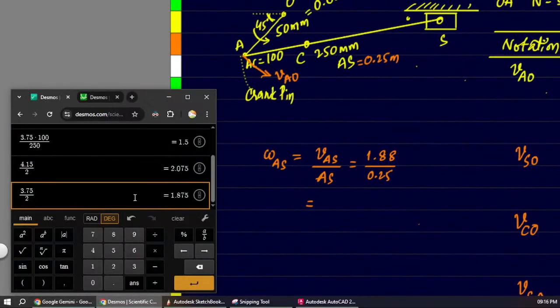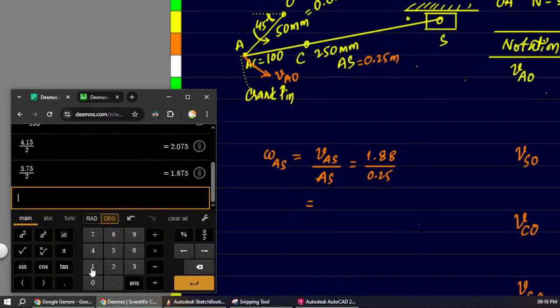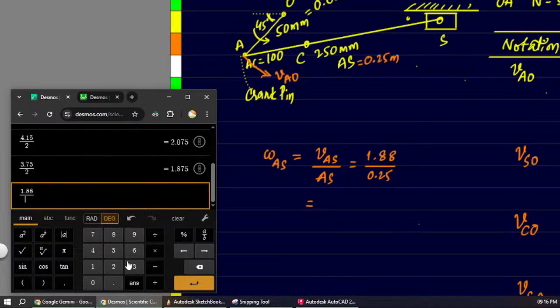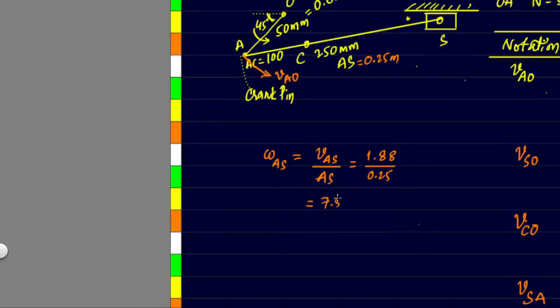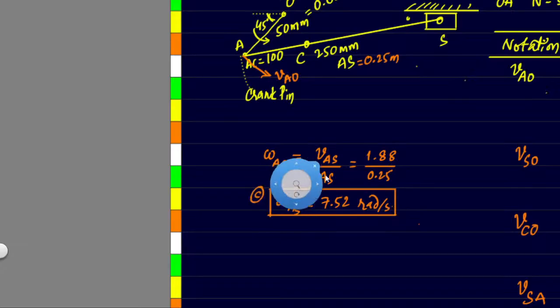Going back to the calculator, 1.88 divided by 0.25 gives us 7.52. Because this is angular velocity, this is in radians per second. So this is omega of AS, and this is our third bit answer.